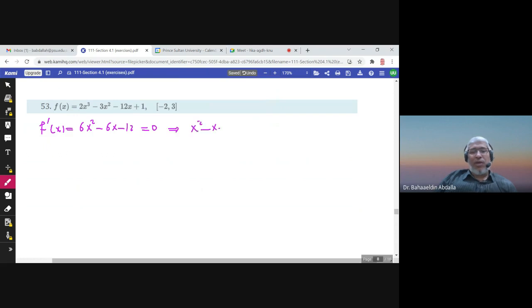So x squared minus x minus 2 is 0. Factor. So either x is 2 or x is negative 1. Both of these numbers are between negative 2 and 3.